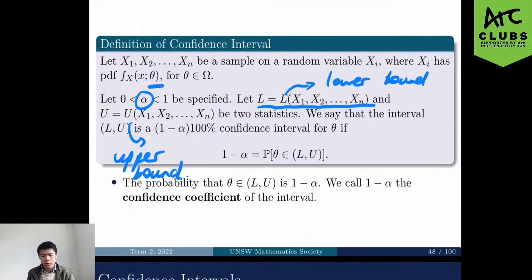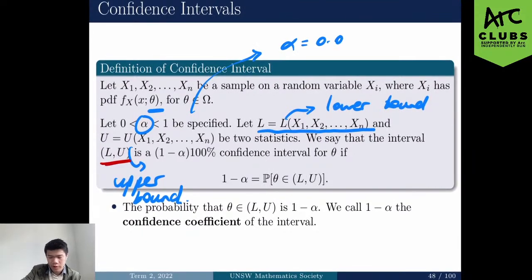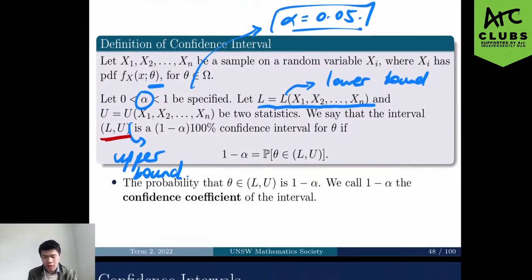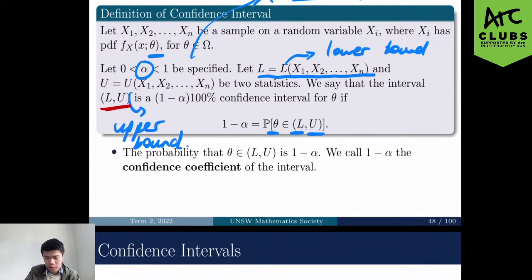So we say that (L, U), which is the interval from L to U, is a 1 minus alpha times 100% confidence interval. So in the example I just gave you, alpha was equal to 0.05. And we say that's true if the probability of theta lying between L and U is equal to 1 minus alpha, right? And so we call 1 minus alpha the confidence coefficient. So in our example, it was equal to 0.95.